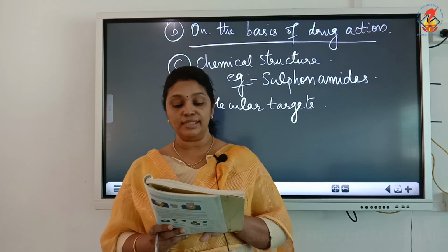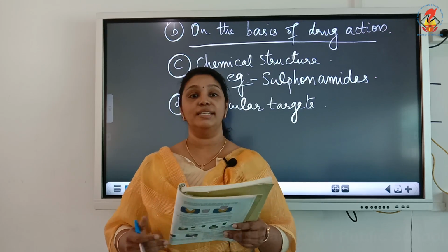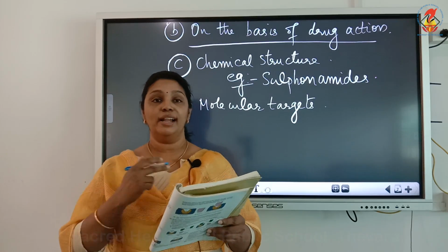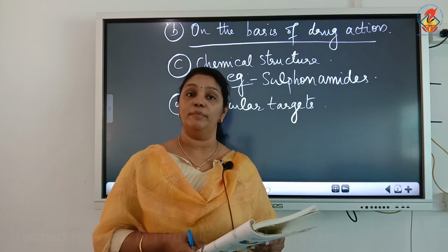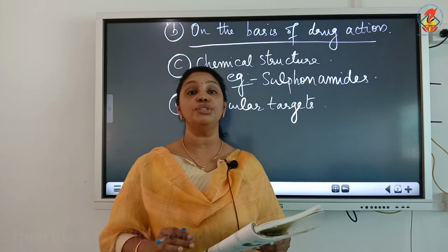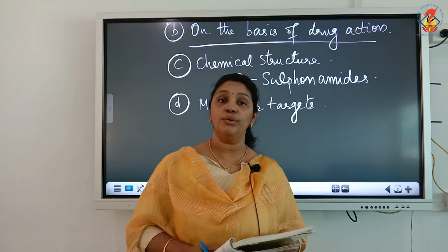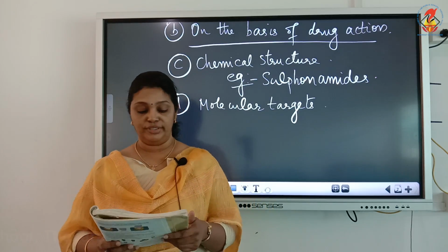And drugs possessing some common structural features may have the same mechanism of action on targets. So this classification, on the basis of molecular target, is the most useful classification for medicinal chemists. So these are the 4 classifications of drugs.